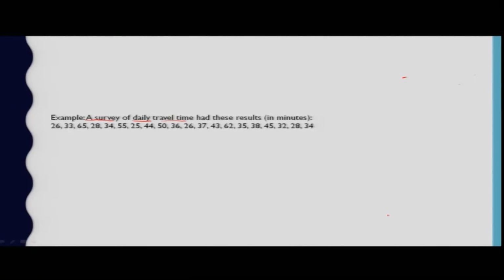So, now we will solve one example which says that a survey of daily travel time had these results in minutes: 26, 33, 65, 28, 34, 55, 25, 44, 50, 36, 26, 37, 43, 62, 35, 38, 45, 32, 28, 34. So, these are the results that have been obtained by the survey of daily travel time.